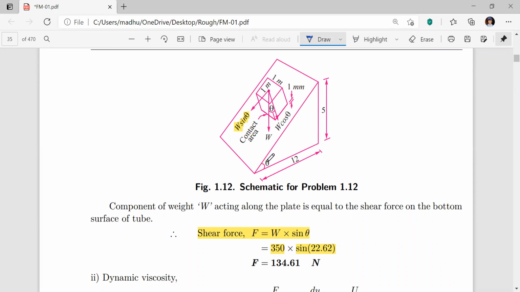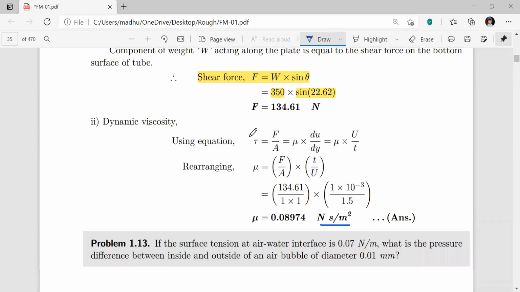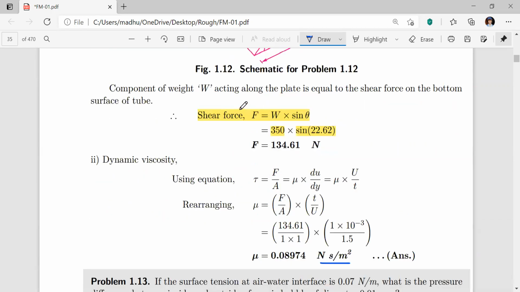So if the angle between these two is theta, then this force will be W cos theta acting perpendicular to the inclined surface, and the complement of that one will be W sin theta, acting along the surface. Therefore along the surface, now while finding the shear force, I have to use F is equal to W sin theta.